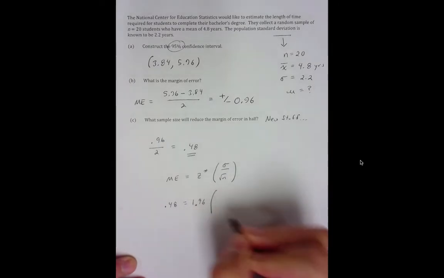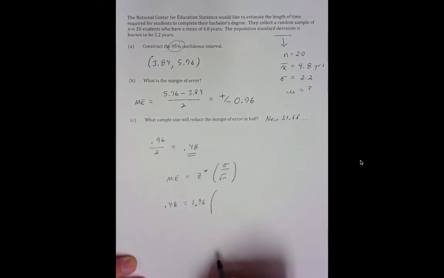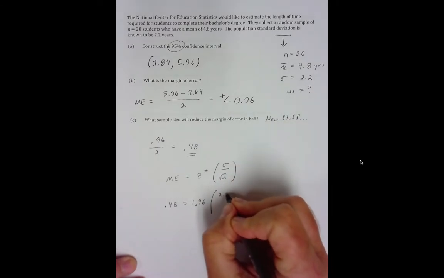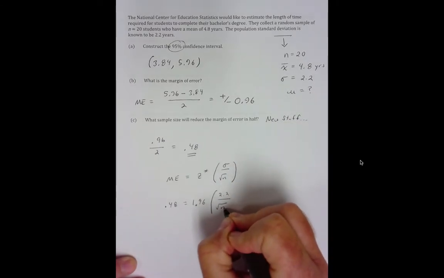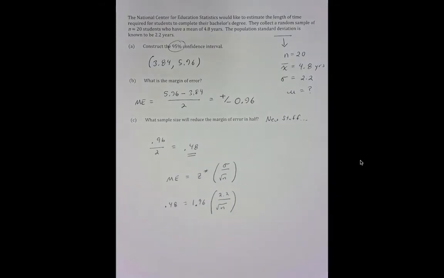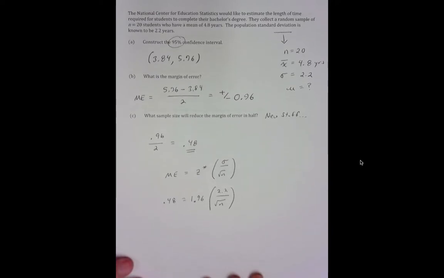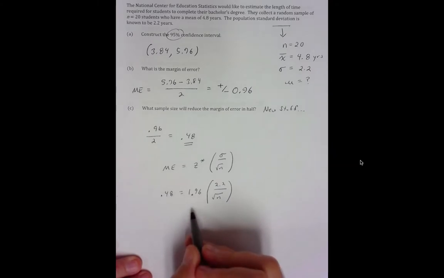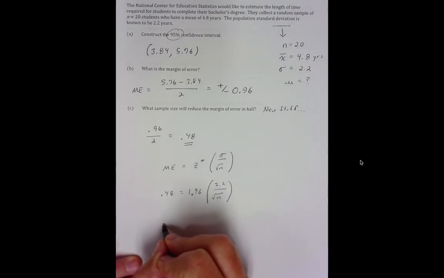So just leave it out of the calculations. Sigma is 2.2, over the square root of n. Ultimately we need to find n, which will create this. So I'm going to divide both sides by 1.96.